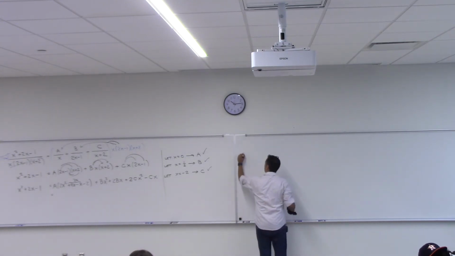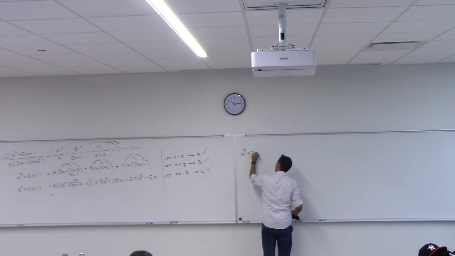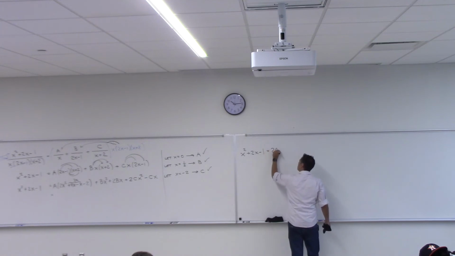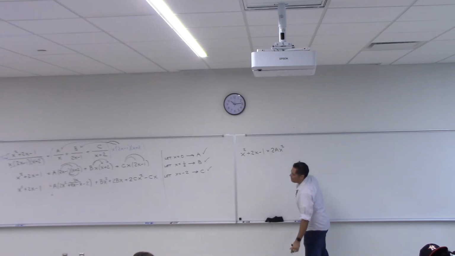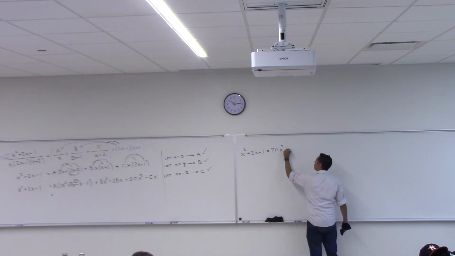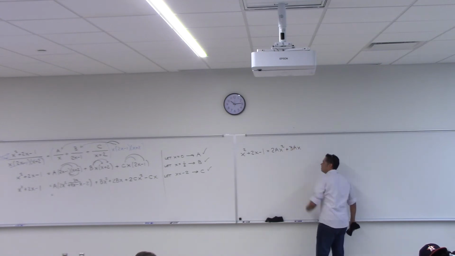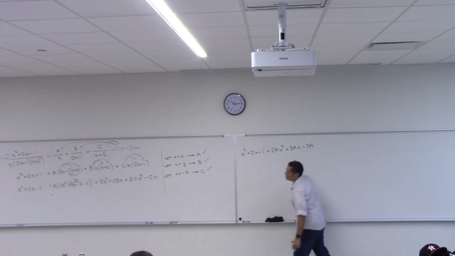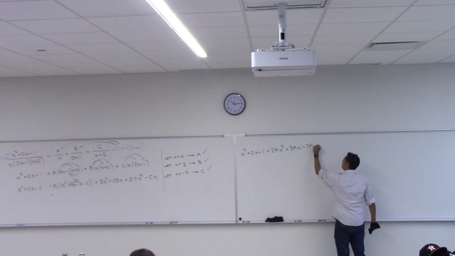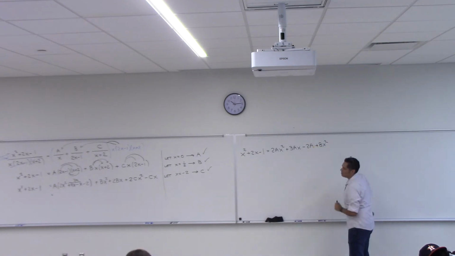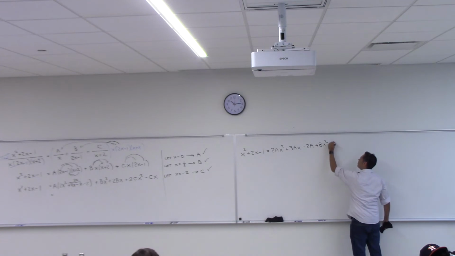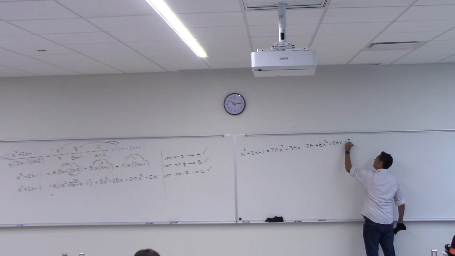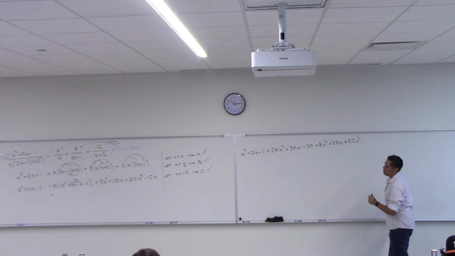So here's where I am. I've got x squared plus 2x minus 1 equals 2ax squared plus 3ax minus 2a. Does it seem like this is just a lot, or what? Plus bx squared plus 2bx plus 2cx squared minus cx.